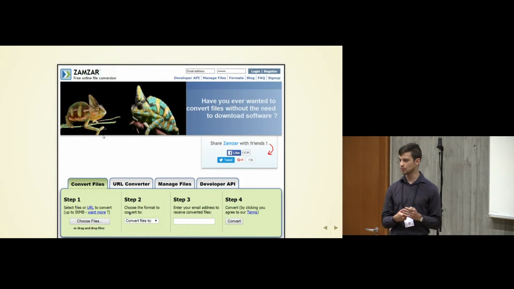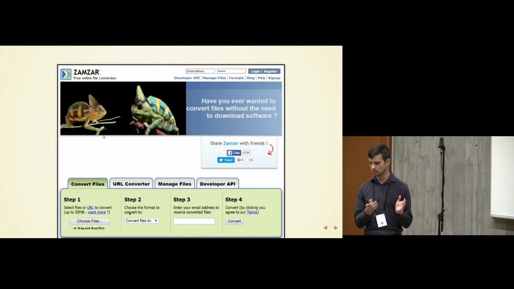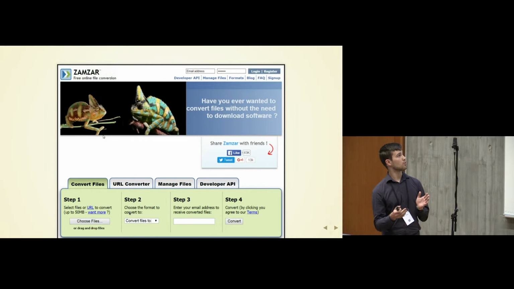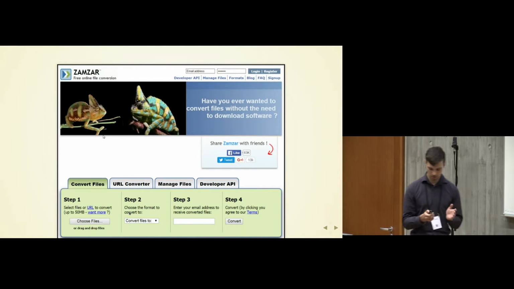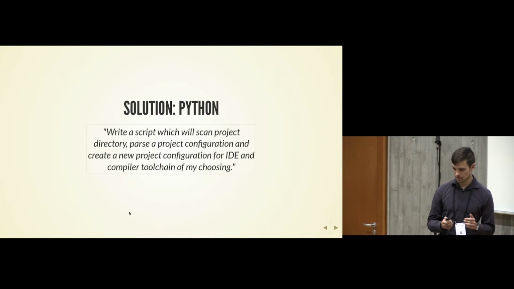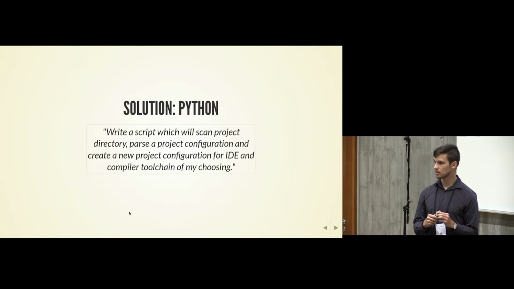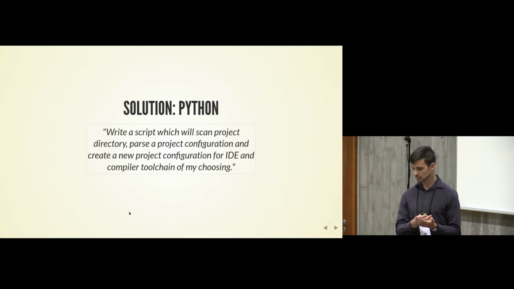It allows you to basically convert a variety of files into different formats, for example, documents or audio files. So I thought I can use Python, write some script, parse the configuration, and write a new configuration for the IDE that I wish to use.